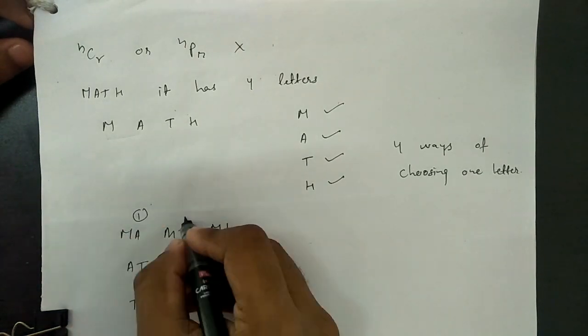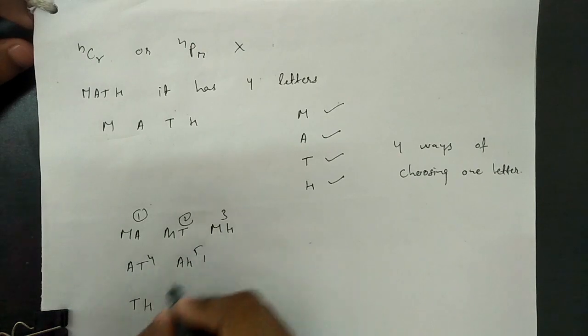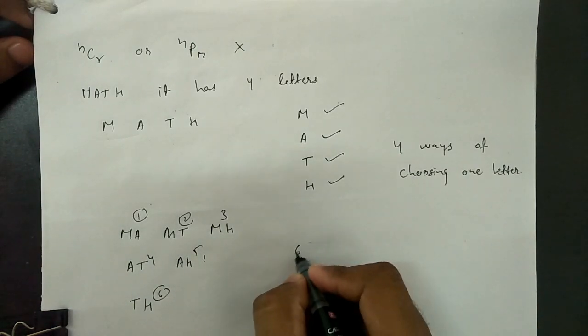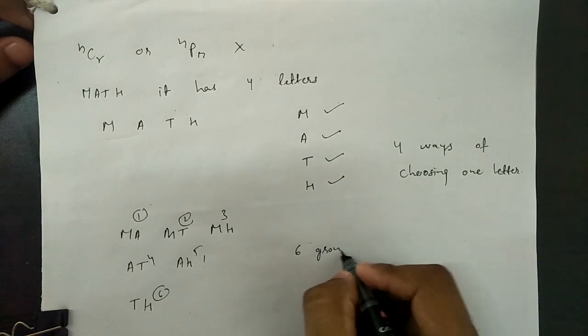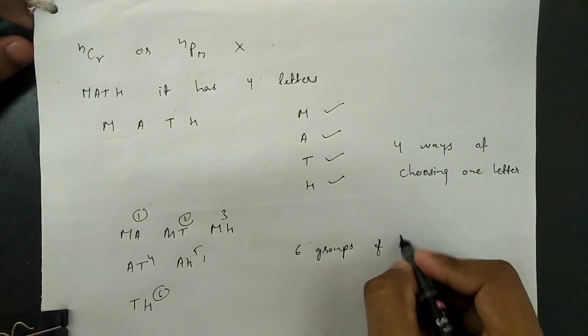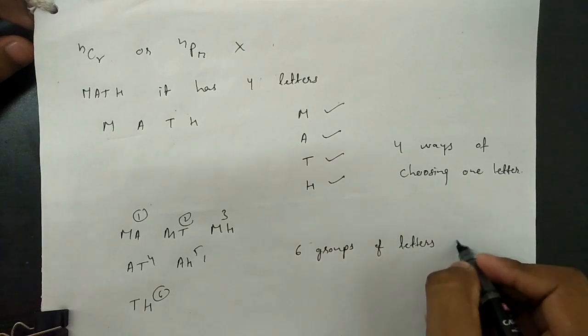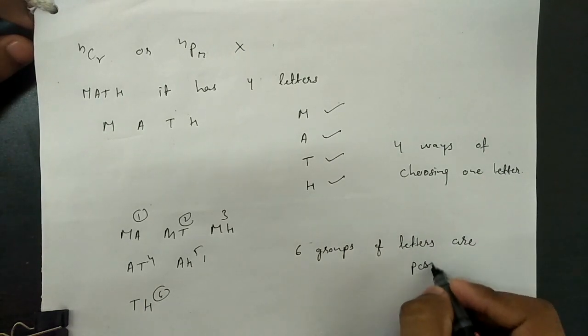There are 1, 2, 3, 4, 5, 6 groups of letters possible.